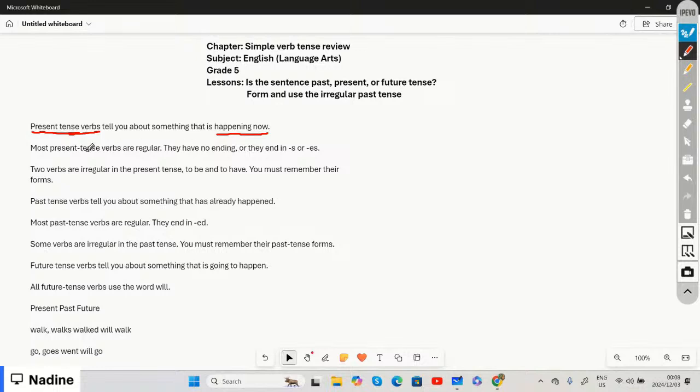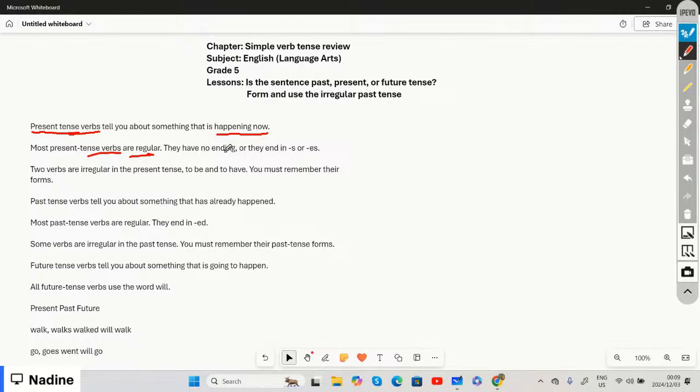Most of our verb tenses are regular. You have regular verb tenses and you have irregular verb tenses.